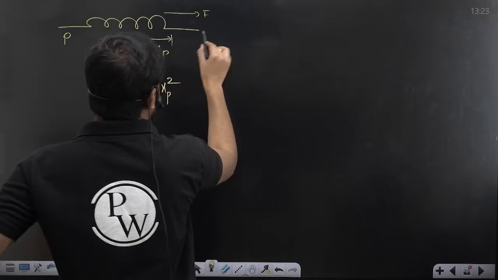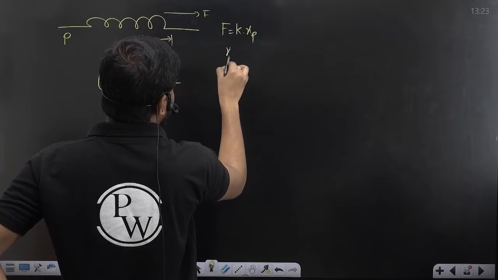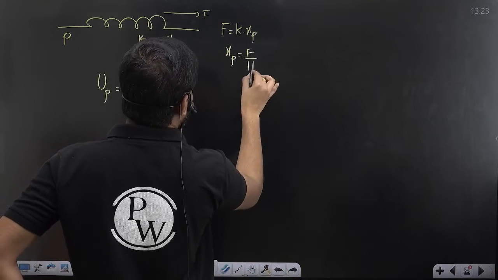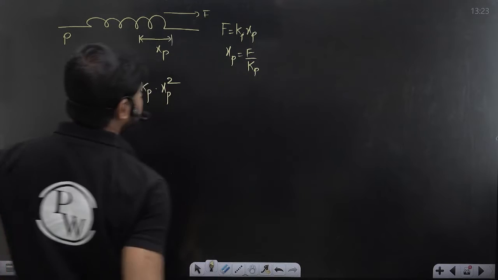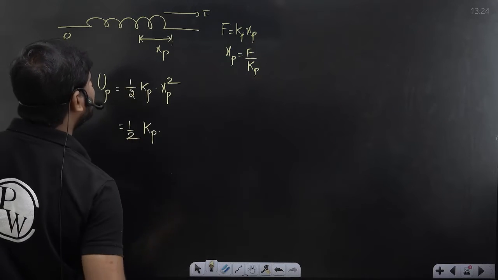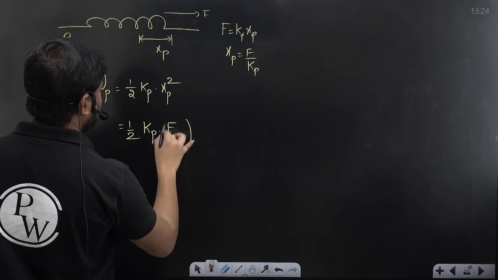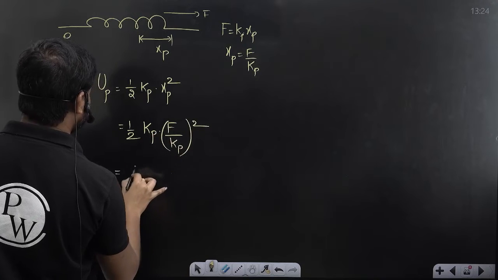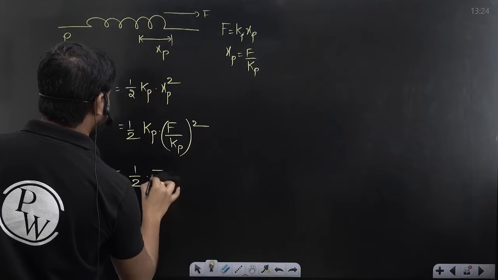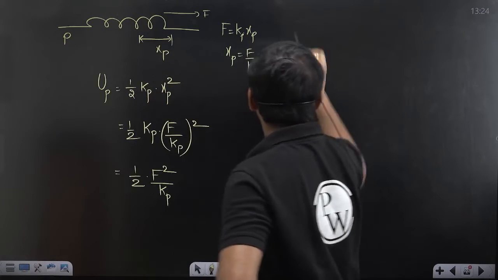The force is K into xp, so xp is equal to F by Kp. In place of xp I write F by Kp whole square. Here one Kp cancels, so half into F square by Kp. This is the potential energy stored in P.